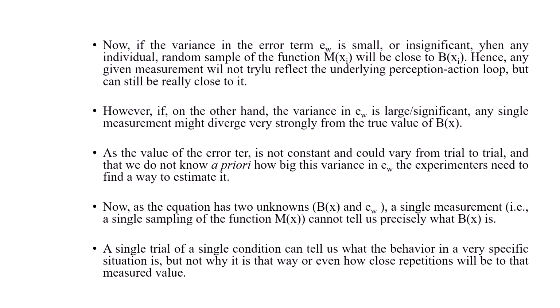As the equation has two unknowns now, b of x and the error term, a single measurement will not be sufficient. It will not tell us exactly what we were looking for. Say, for example, I do a lot of lexical decision experiments. I want to understand how a person responds to a high frequency word, say a frequency of 10,000 per million, and so on.